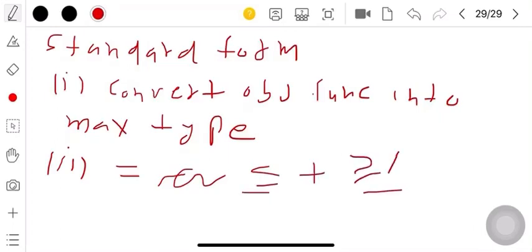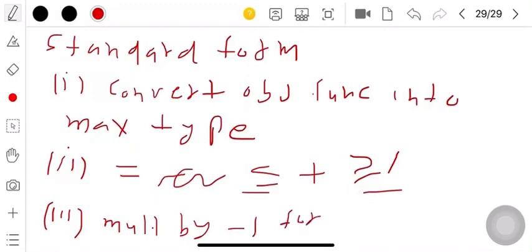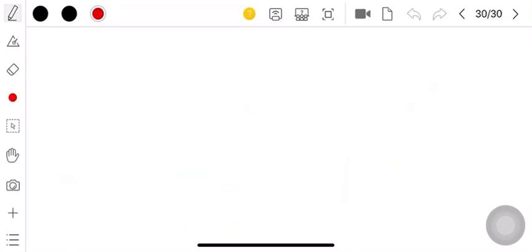This is the second step. The third step is to multiply all greater than type constraints by -1 to convert them into less than or equal to type. And this is the most important step, the fourth step, which is that we define a new variable yj.